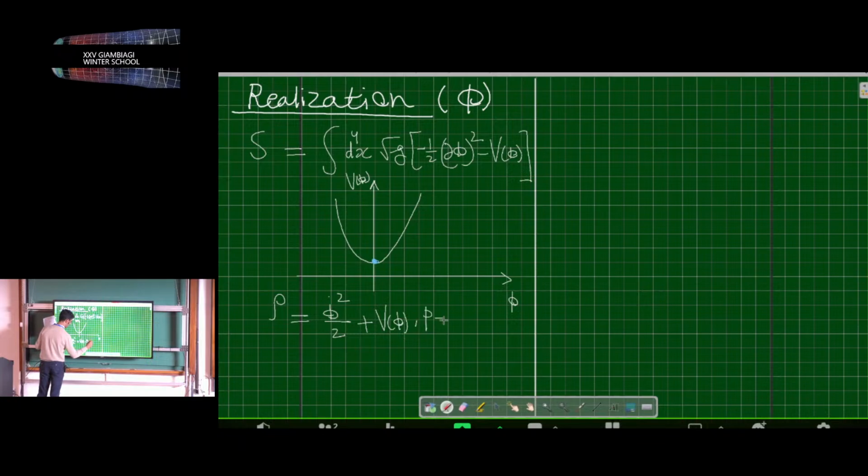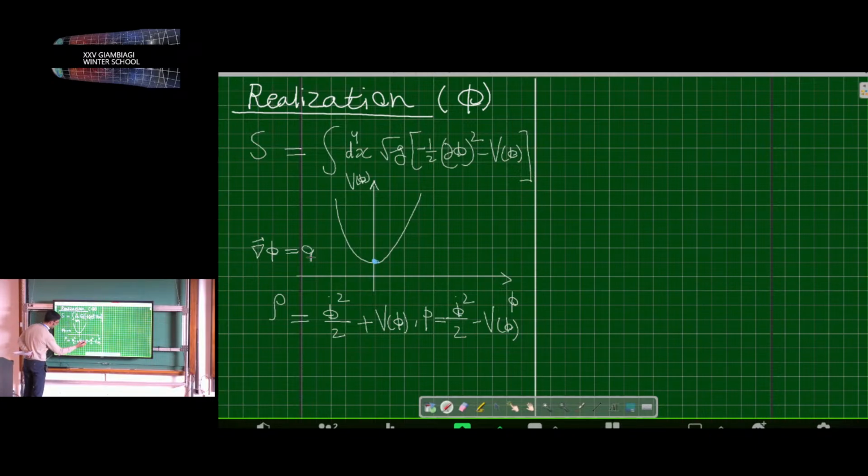P is equal to phi dot squared over 2 minus V. Here I assume that the gradients are 0, so I'm considering a homogeneous scalar field. Homogeneity is the requirement for having an FLRW solution, so we are talking about the background, which is homogeneous.